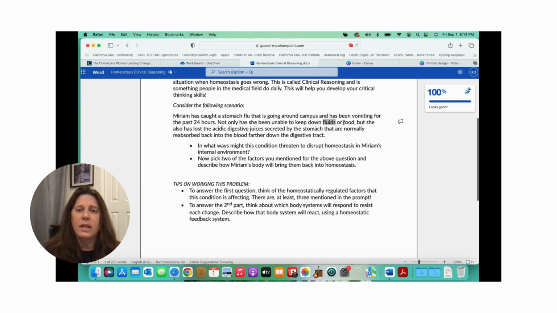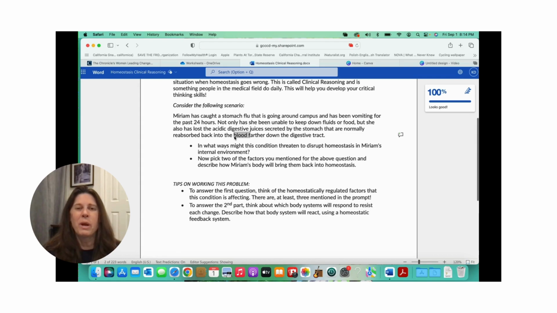The second thing is food. So she isn't maintaining nutrients. Okay, and then the third thing is it mentions digestive juices. Okay, acidic digestive juices. So if she's throwing up acidic juices and she's not reabsorbing them back into the blood, that's a clue to you that we must need to reabsorb those acidic juices.